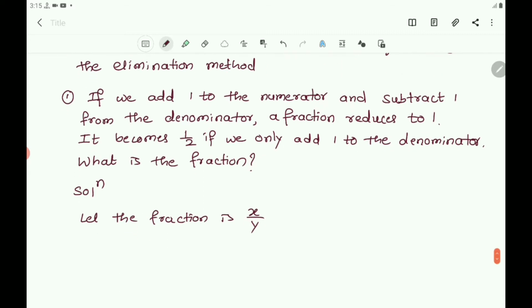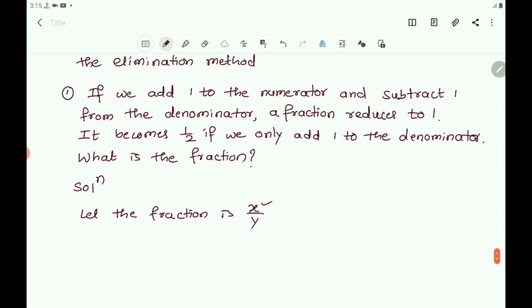Here x is the numerator and y is the denominator. Now in the first situation, 1 is added to the numerator, that becomes x plus 1, and 1 is subtracted from the denominator, that becomes y minus 1.